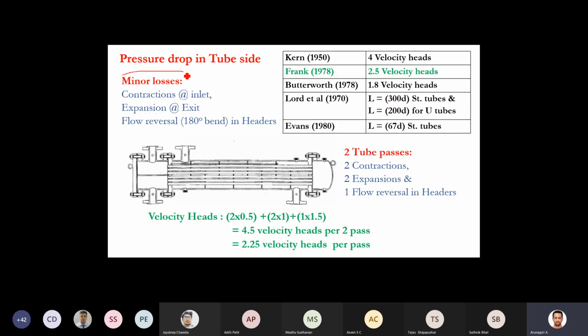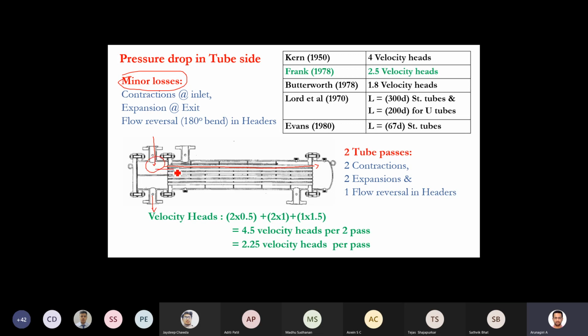How to calculate the minor loss? If you see this exchanger, the major loss is the pressure drop due to bulk flow, or flow through the tubes, due to skin friction. But for minor loss, if this is the tube side fluid inlet and this is the tube side fluid outlet, here this diameter and this diameter are different, so we have sudden expansion.